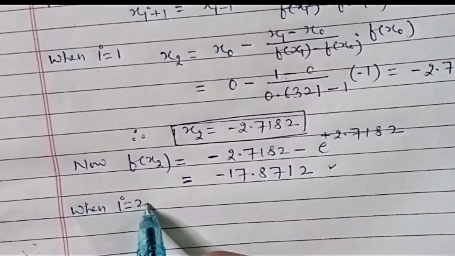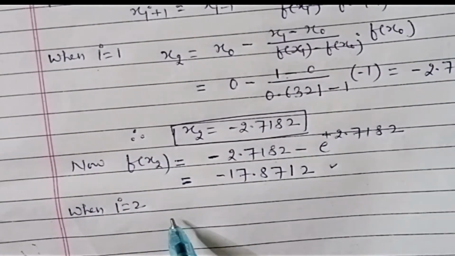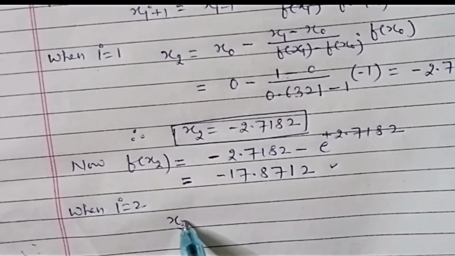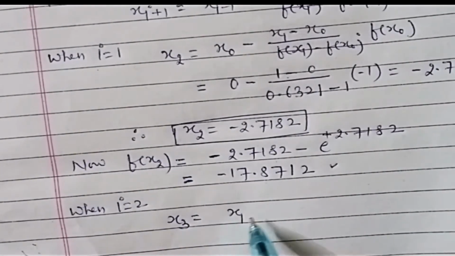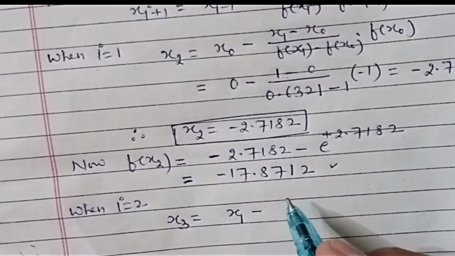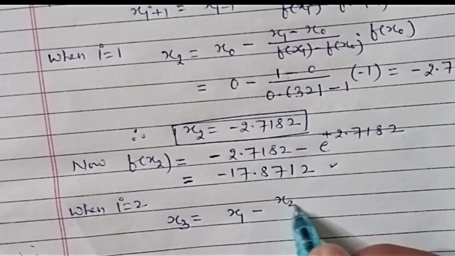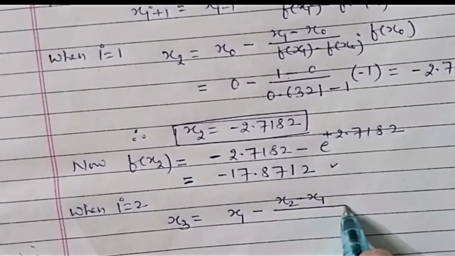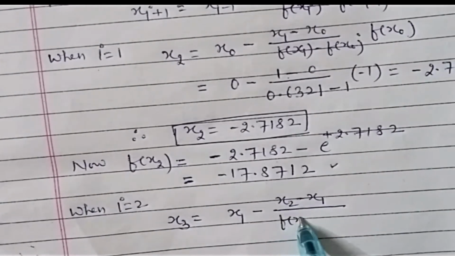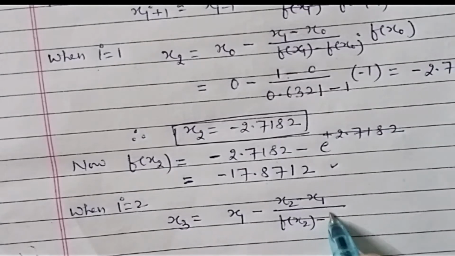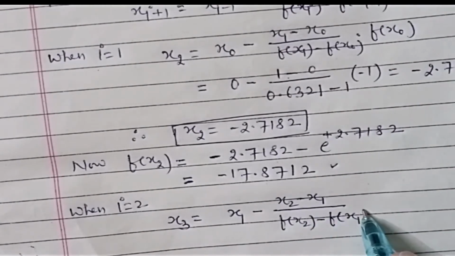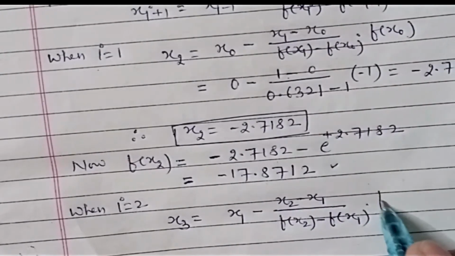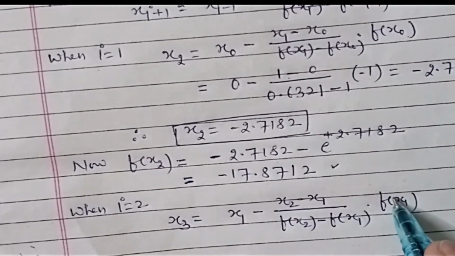When i is equal to 2, x3 is equal to x1 minus (x2 minus x1) over (f of x2 minus f of x1) into f of x1.